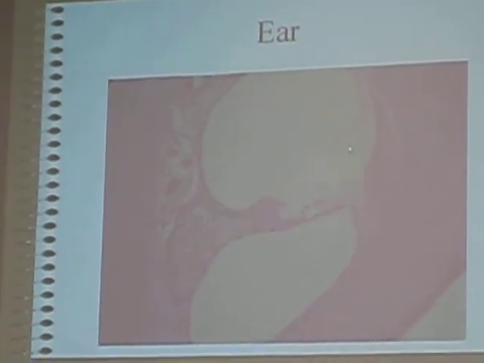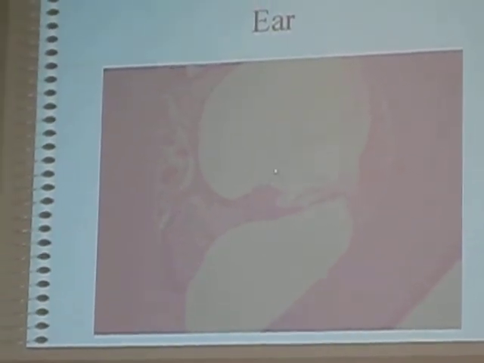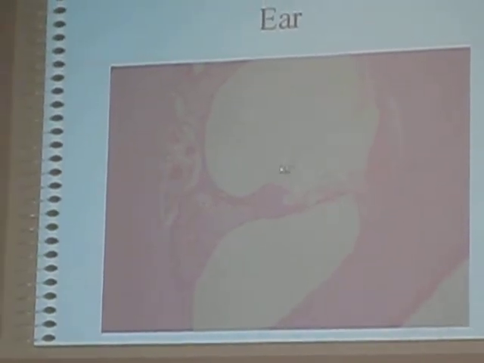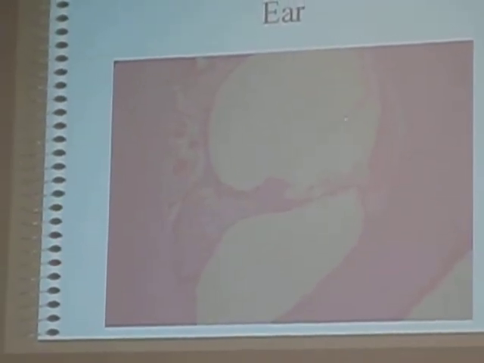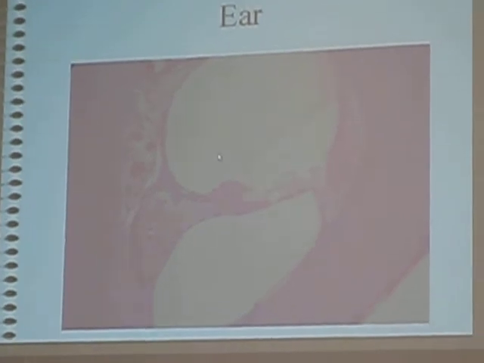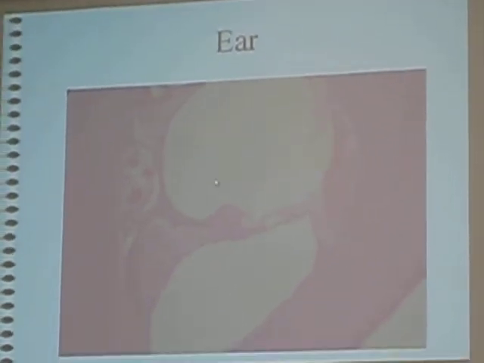Then there are boundaries between those three chambers. This right here is the vestibular membrane, and it's the boundary between the scala vestibuli and the scala media. So this little membrane right there is the vestibular membrane, and it separates the scala vestibuli from the scala media.